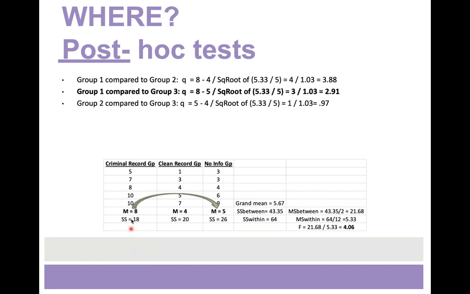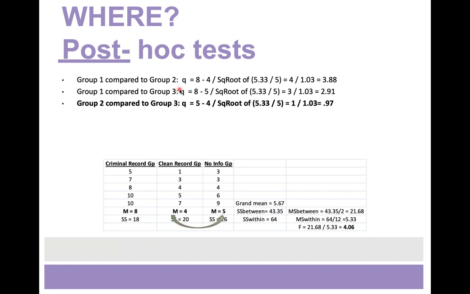Then we do it for every other possible comparison. So if we did group 1 versus group 2, we do it for group 1 versus group 3. Then we do it for group 2 versus group 3. And that's all of our possible comparisons. So I would go ahead and press pause here, take a look at where all these numbers come from.